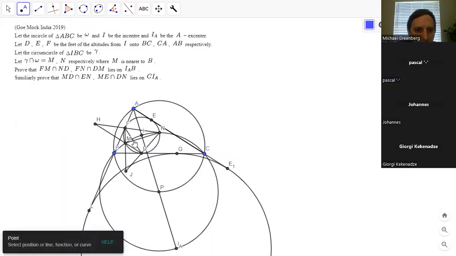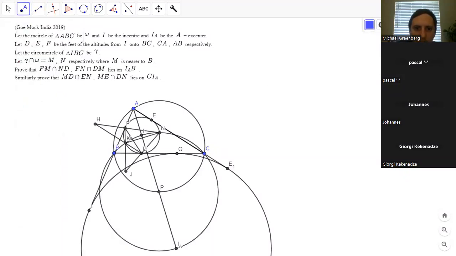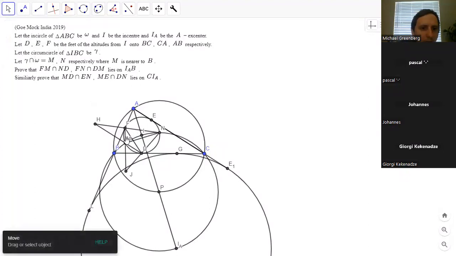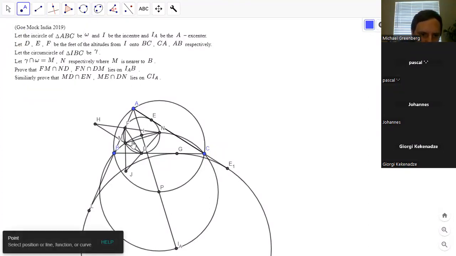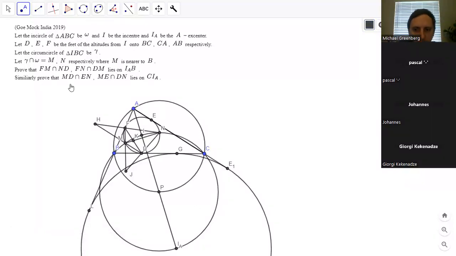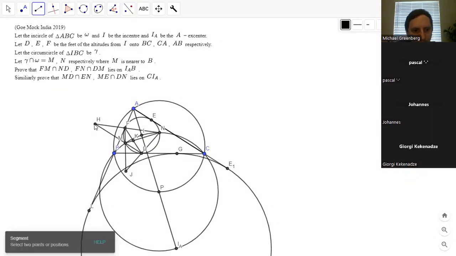But since that point lies on the polar of B, because the polar of B is just FD, we know that B also lies on that polar. Okay. So by Brocard's theorem, we can easily show that H, B, and J are collinear. All right.